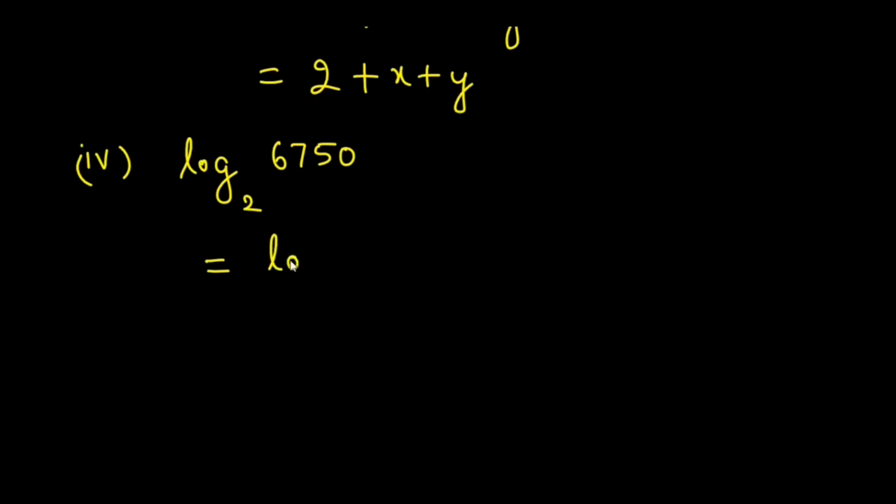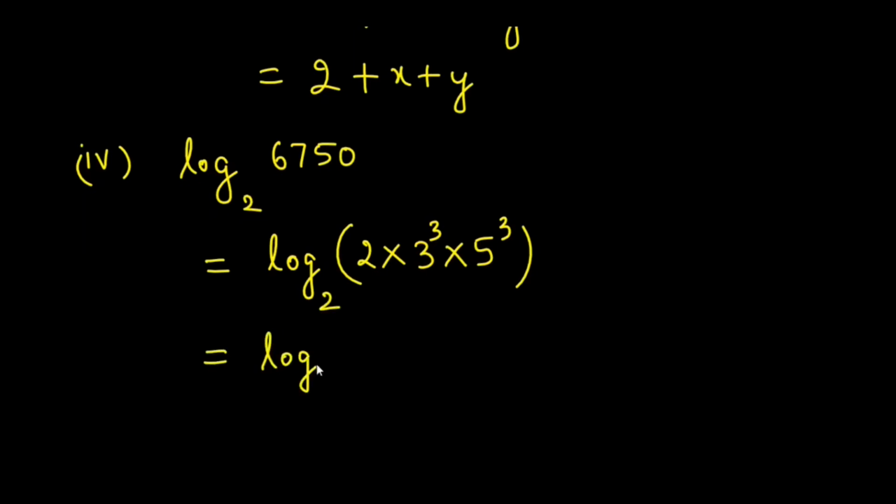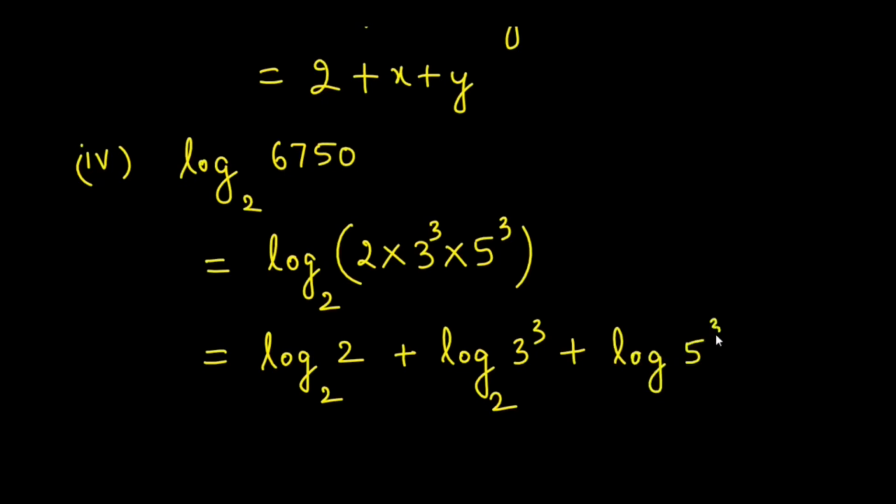So log of 2 into 3 power 3 into 5 power 3 to the base 2 is equal to log of 2 to the base 2 plus log of 3 cubed to the base 2 plus log of 5 cubed to the base 2.